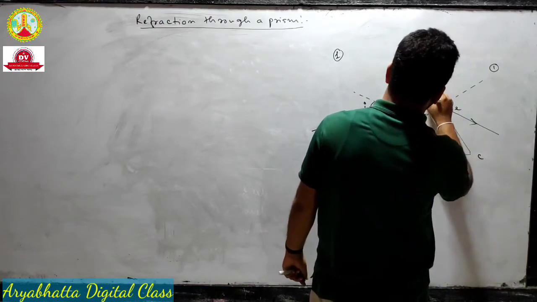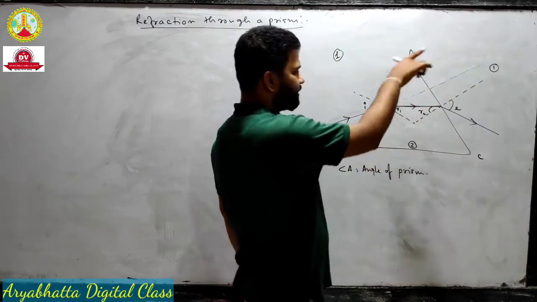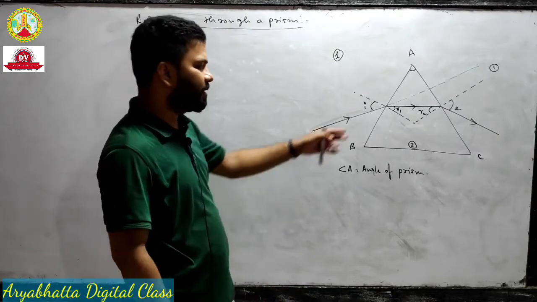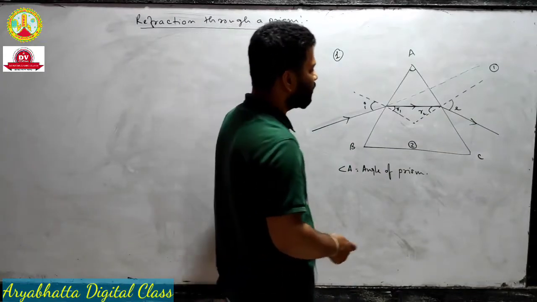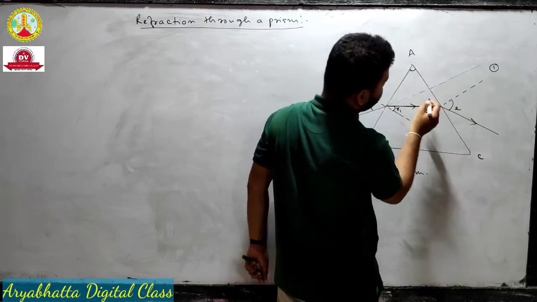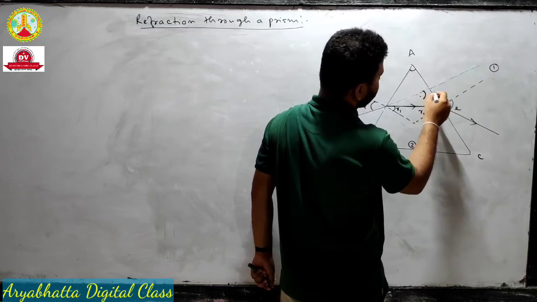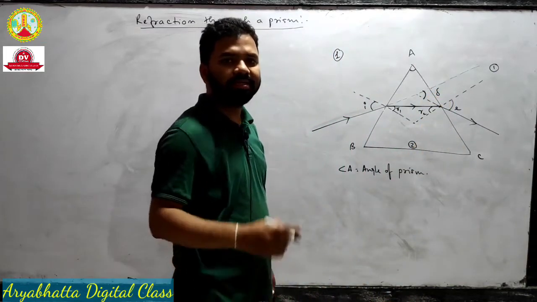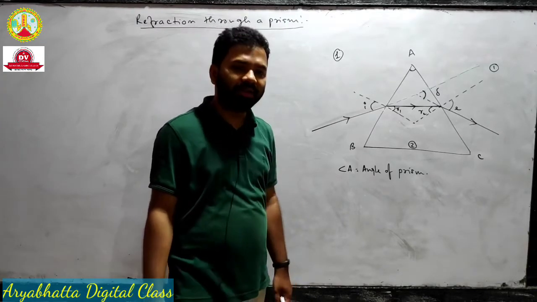So this light ray has got a deviation in this direction. This angle is called delta, and delta means angle of deviation. In some books, it is mentioned as capital D also.